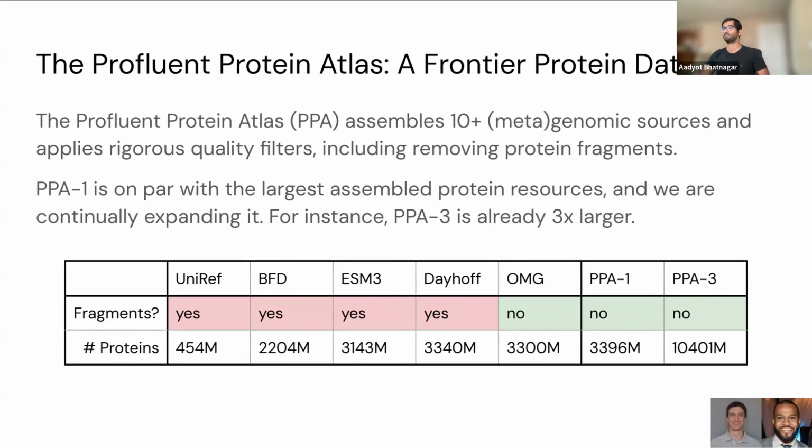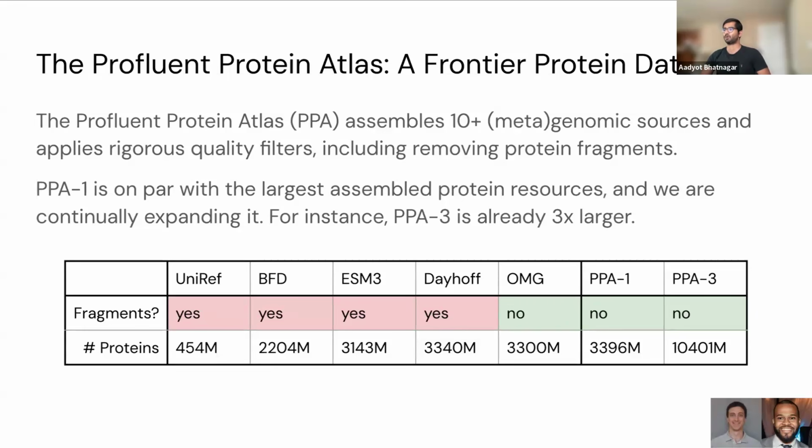Now that we've settled on an architecture for this model, we need to talk about the data that actually went in this. And in order to train the ProGen3 models, we assembled the Profluent Protein Atlas, or PPA, from more than 10 different genomic and metagenomic sources. And we applied some pretty rigorous quality filters, including removing protein fragments. This is something that historically we found can make a pretty big difference to model performance.